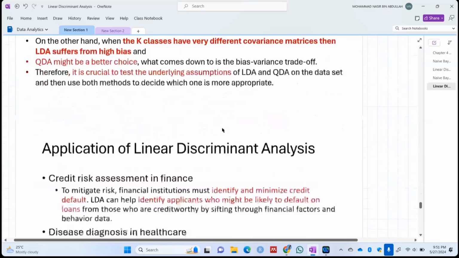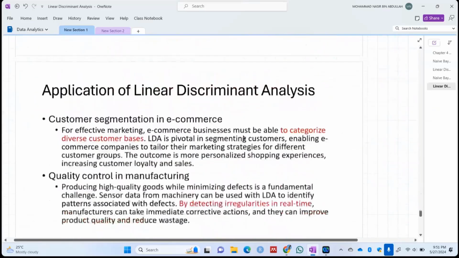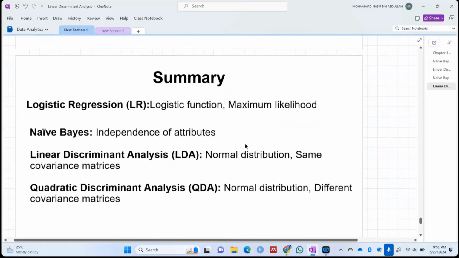Okay. Then this is the application of linear discriminant analysis. You can read by yourself. And the summary for chapter number 4. Logistic regression is based on the logistic function. The logit is log P divided by 1 minus P, and we want to find the maximum likelihood. Naive Bayes, the independence of the variables.